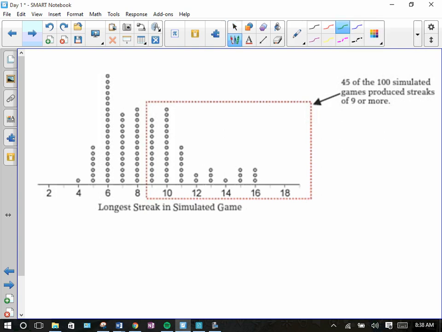So that tells us that our p-value was what? 45 out of 100. So our p-value is equal to 45 out of 100. What percent is that? 45%.